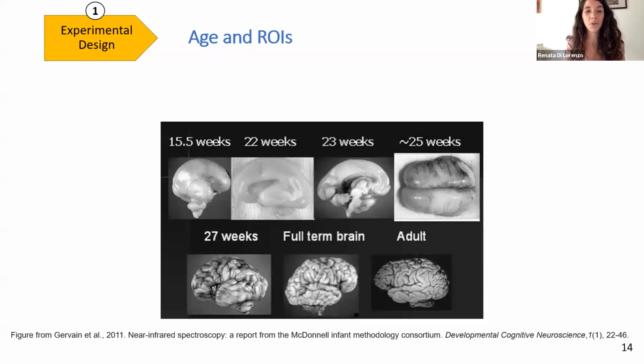You need to understand where exactly to place the optodes, and you need to remember that the brain develops very rapidly, starting from the womb and then until adulthood. Especially in the first few years of life, this development is very rapid and the brain forms at a very high speed in these years. So that's the first question that you need to address yourself.